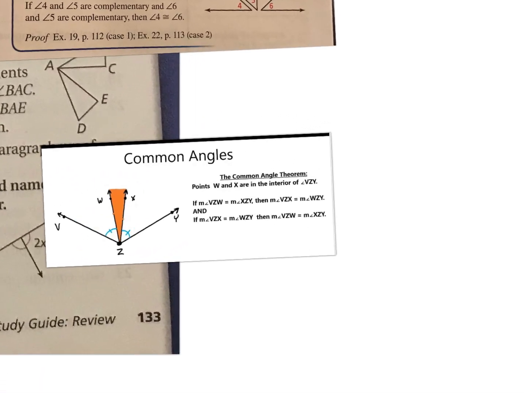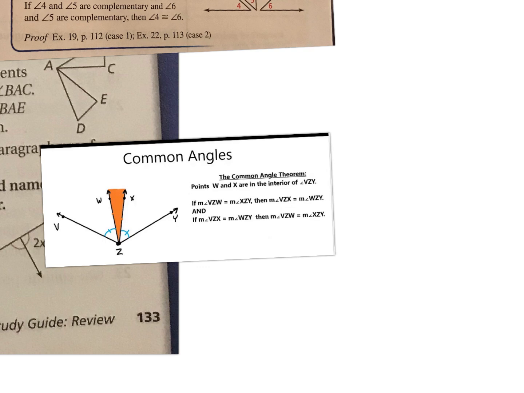Now let's look at the common angles. Now it can be very easy to get lost in this stuff, but we're going to take it step by step. The measure of angle VZW, okay, that's this thing, is equal to the measure of angle XZY, which is right here, okay?